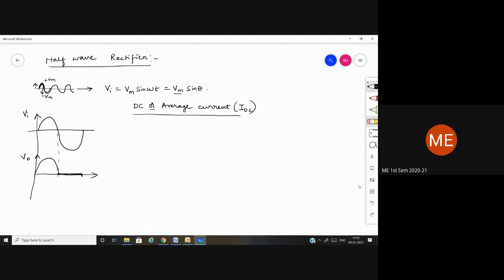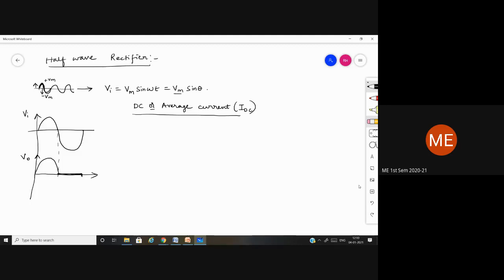For both, the waveforms will be the same. So first we are considering average DC current. When you find average current by using Ohm's law, V is equal to I into R, we can also get the voltage equation.